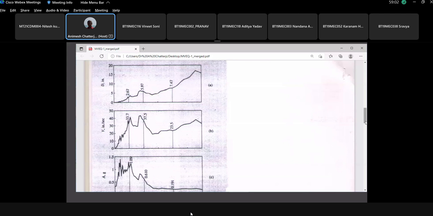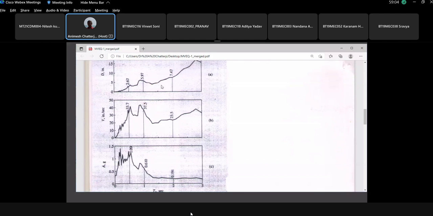This is how the graphs look different. Deformation graphs will be larger when the natural time period is higher or the natural frequency is smaller. Time period large means natural frequency is smaller. But the acceleration response will be higher for low time period and large natural frequency.